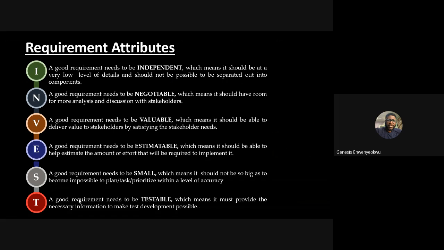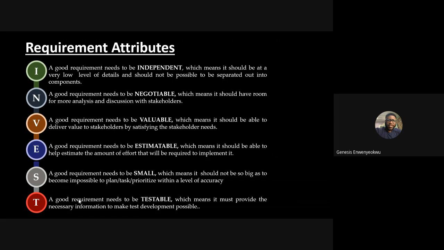What it means is that your user story should be small, it should not be so big, and it should be easy to prioritize. It should be easy to plan. It should be easy to break down into subtasks within its own level of accuracy.